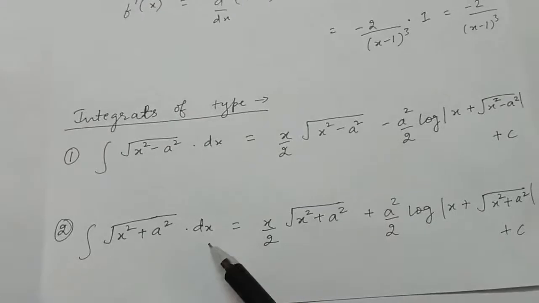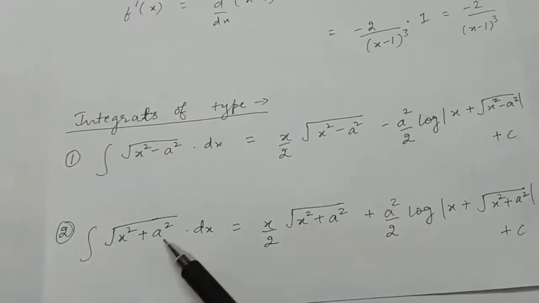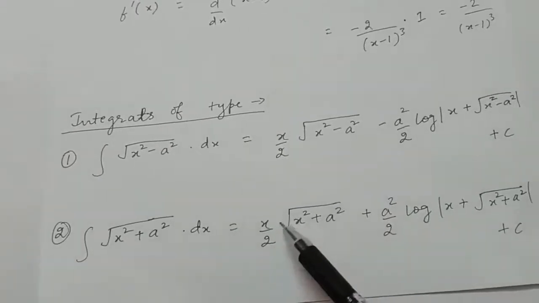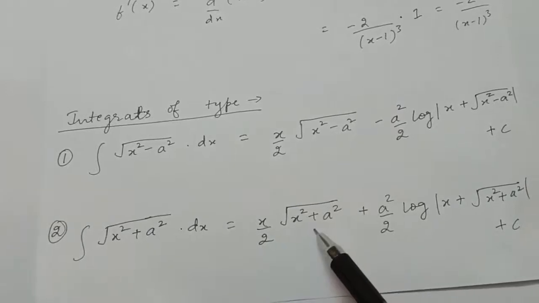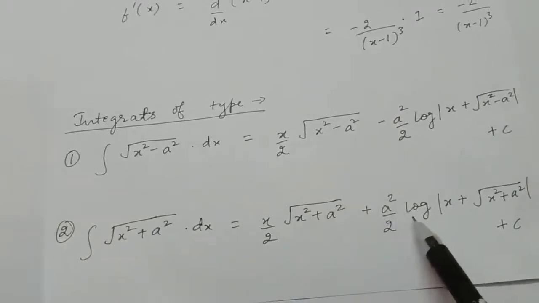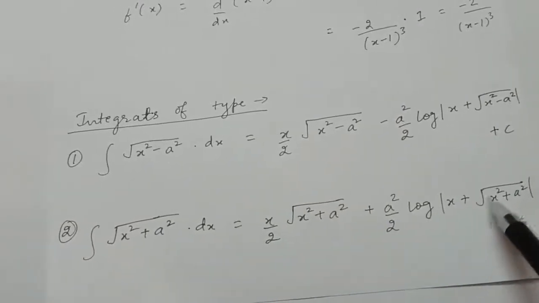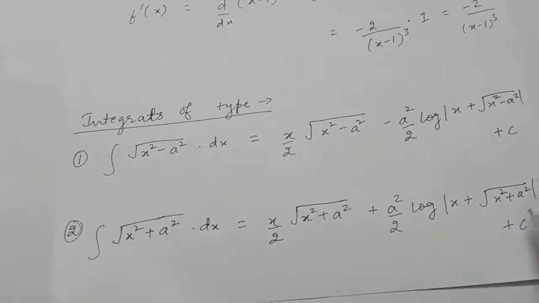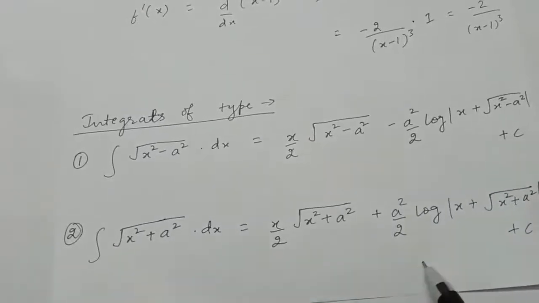Then the formula of integral of root of (x square plus a square) is equal to x by 2 into root of (x square plus a square), plus a square by 2 into log of (x plus root of (x square plus a square)), plus c, right?